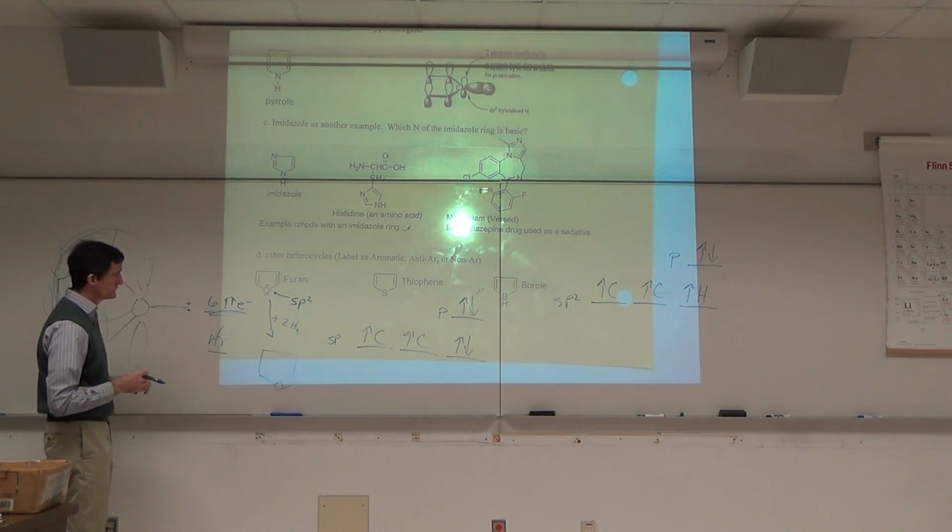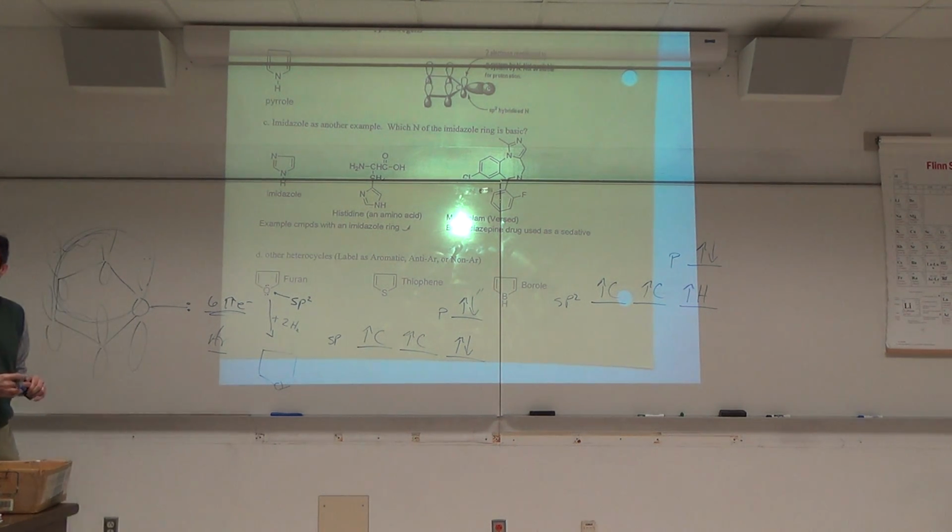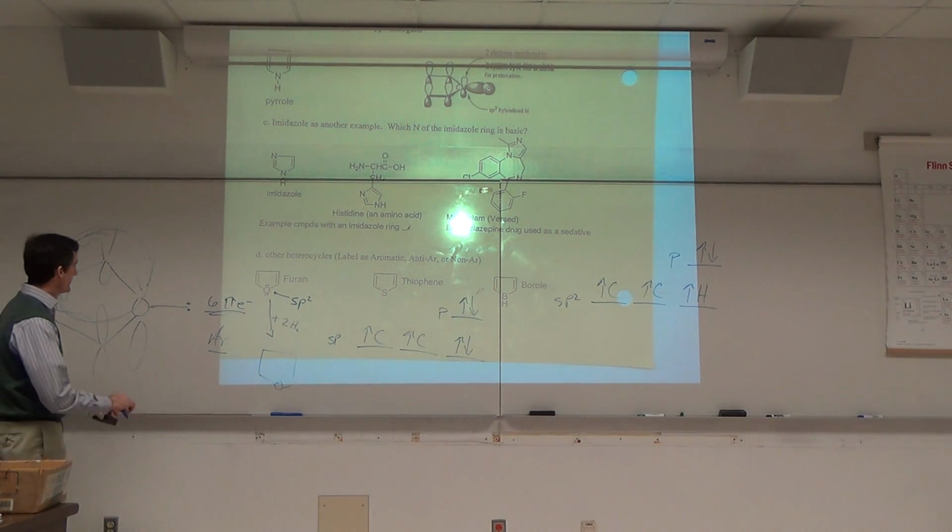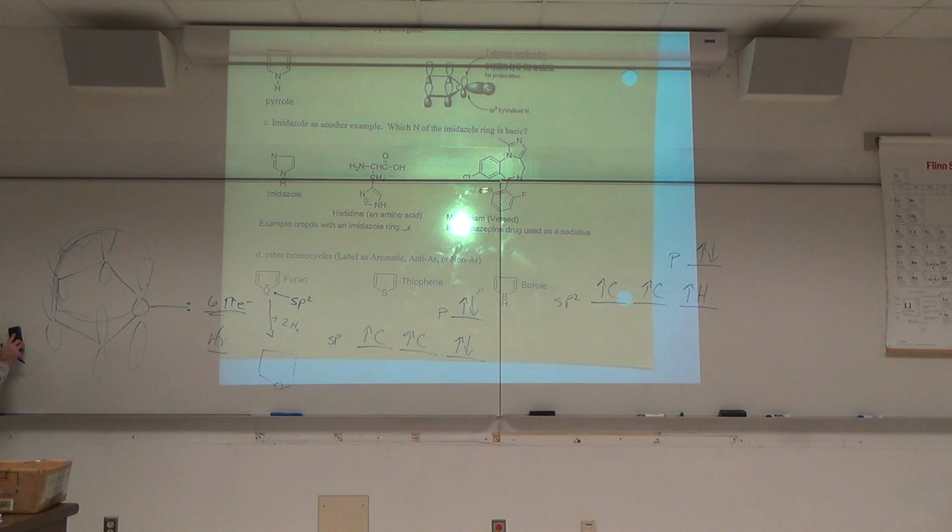Shouldn't it be stable though, because it's aromatic? Or is it because of the other lone pair? It is aromatic, it is stable, but heterocycles are not quite as stable as benzene. They're still stable. The reason is, you really have to start drawing traditional resonance structures.